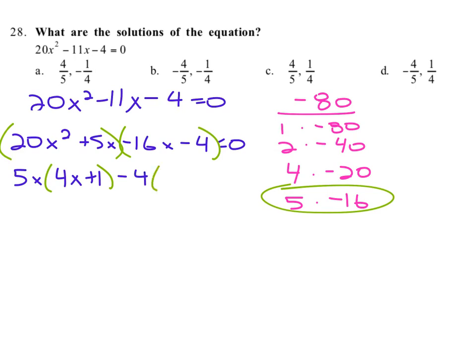And if we divide that by -4, we get 4x. And -4 divided by -4 is +1. And that's good. So we've got 4x plus 1 left over for both of them. So now we've got 5x minus 4 times 4x plus 1.